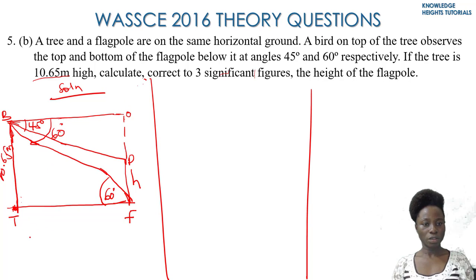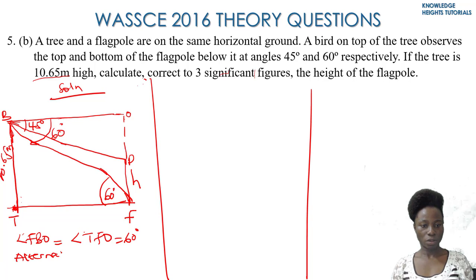So angle FBO is equal to angle TFO, which is 60 degrees. They are all alternate angles.